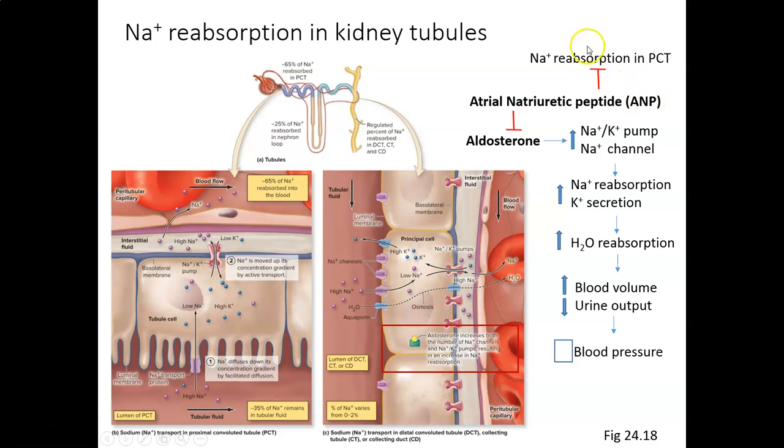Taken together, ANP inhibits sodium reabsorption and then water reabsorption. So if you have less reabsorption of sodium and water from the tubular fluid, the end result is more urine volume. The urine output increases, your blood volume decreases, and you have a lower blood pressure as a result of ANP.